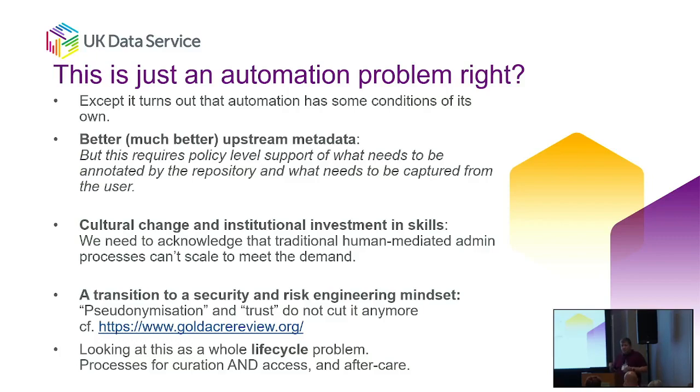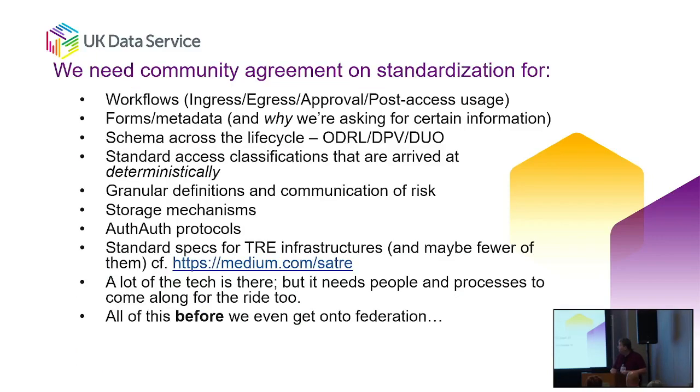The way that we define access routes, access workflows are fairly analog and pretty fuzzy at the moment. And also, when we give access to the data, that's not the end of it. That's only the start of it for the researcher. So through that 3-year journey, typically from access to the data, we really need to think about how we define in more structured and deterministic ways what the user can do with that data.